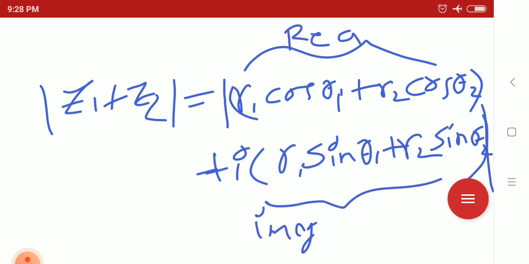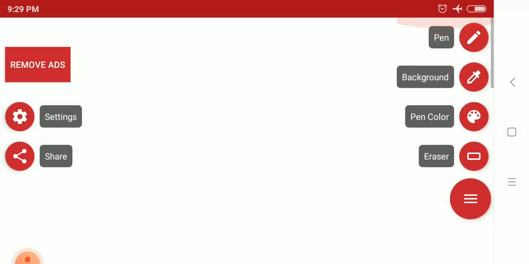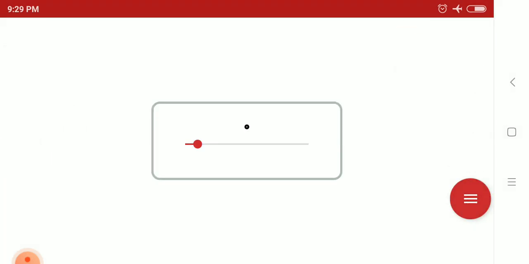So now if you take the modulus of this z1 + z2, modulus means what? You have recently come to know about that.